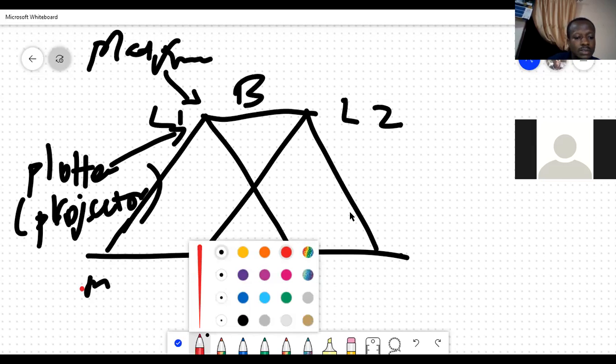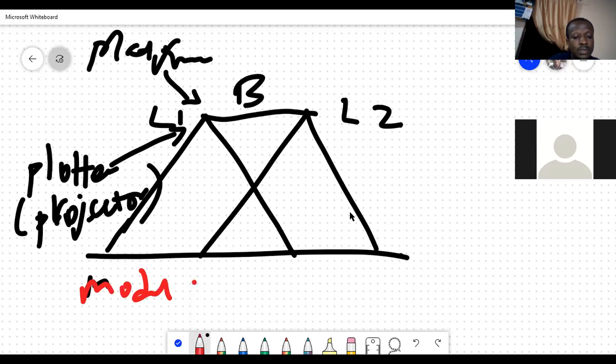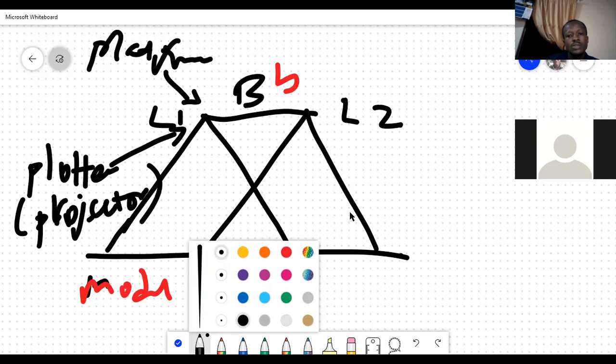If I look at it in terms of the photographs alone, then B becomes small b, and that will be the photo base.